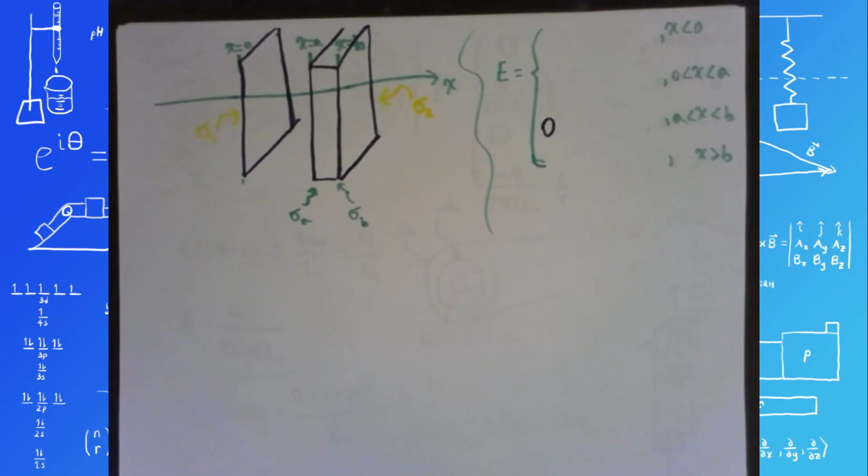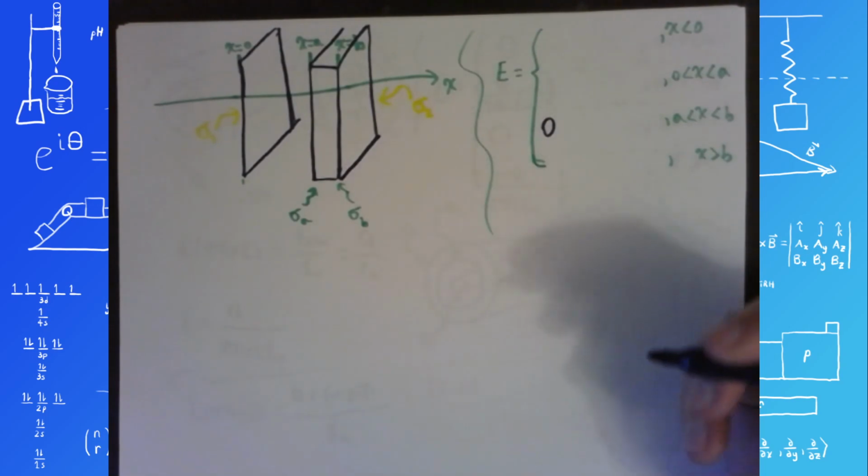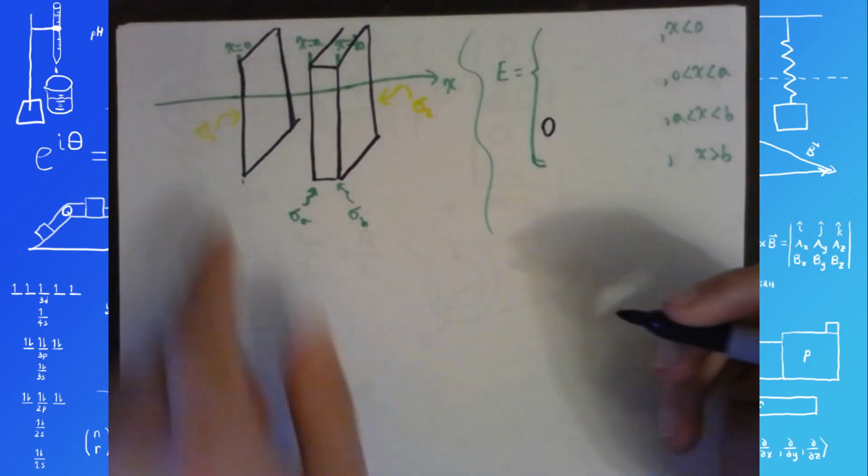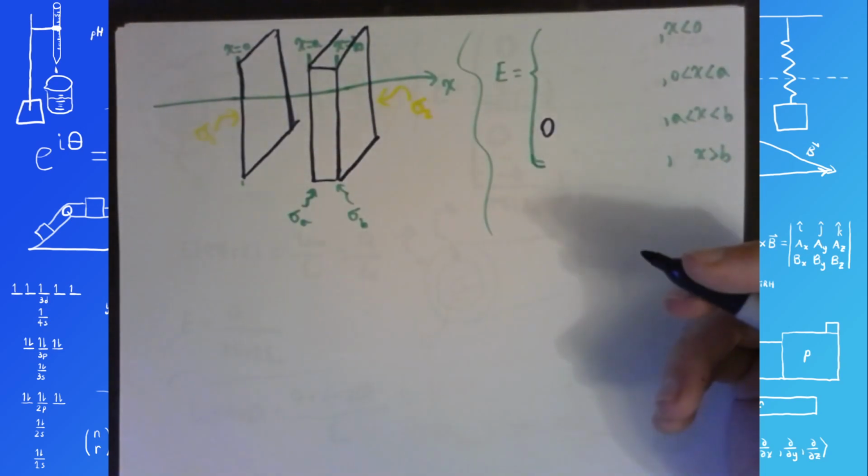All right, and then for the rest of this, we've got some work to do. The main difficulty with planar symmetries is just keeping track of your signs and directions. That's usually what trips students up when it comes to these types of problems. For now, I'm going to treat these sigmas as if they're positive.